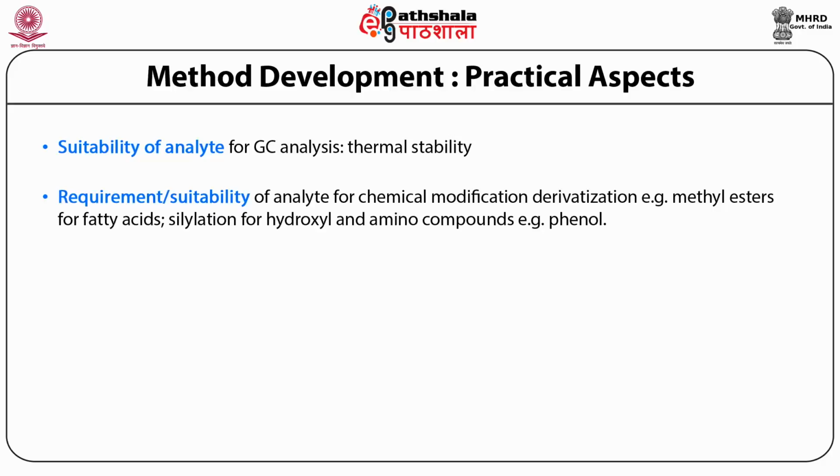So if the analyte is amenable to derivatization to a compound that can be subsequently analyzed, then it can be applied to the gas chromatographic process. Now, there are mainly three types of derivatization. They are acylation, alkylation, or silylation.